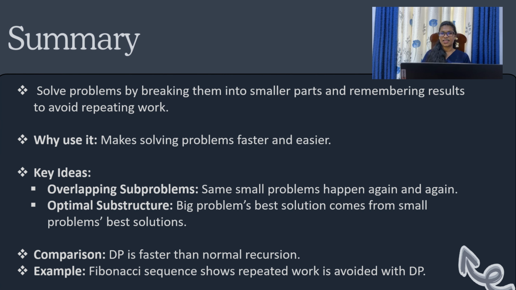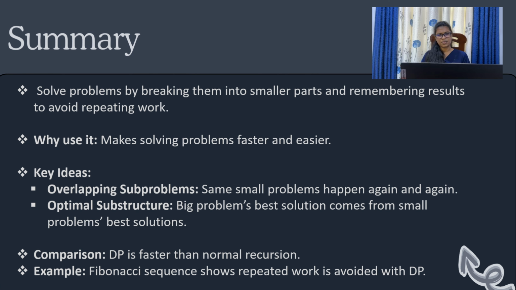Let's recall what we have learned today. What is dynamic programming? Dynamic programming means solving problems by breaking them into smaller parts and remembering results to avoid repeating work. Why do we use it? It makes solving problems faster and easier. The main two parts are overlapping subproblems and optimal substructure.